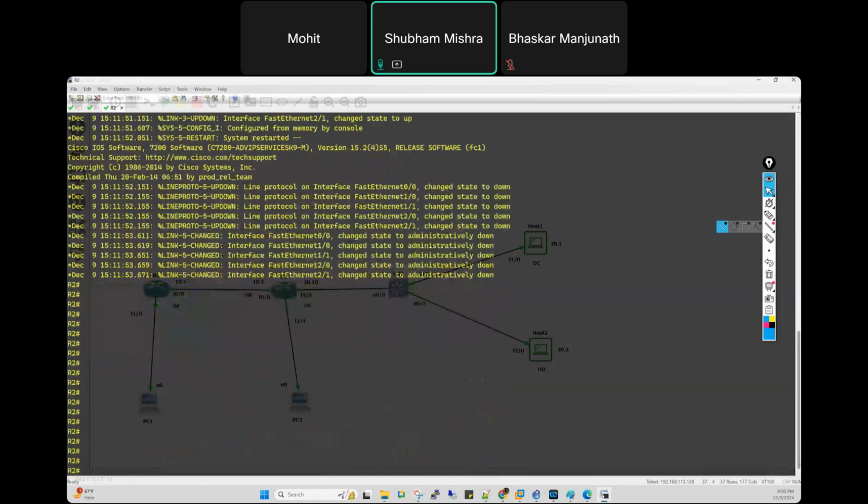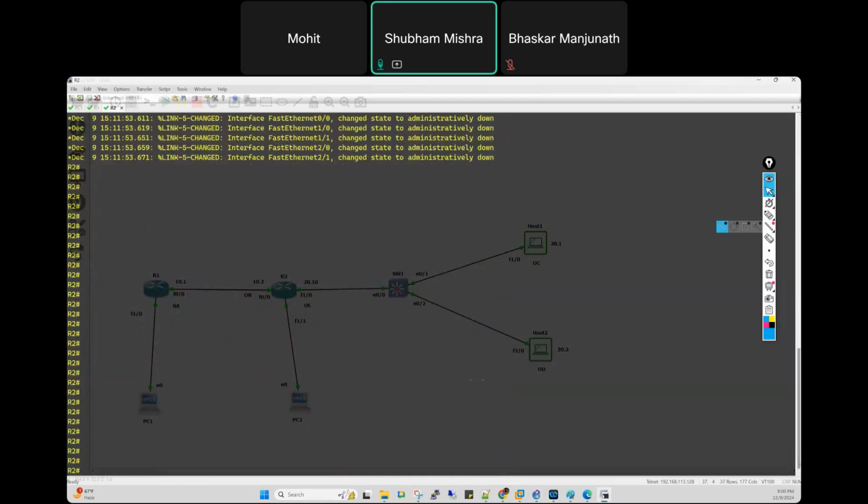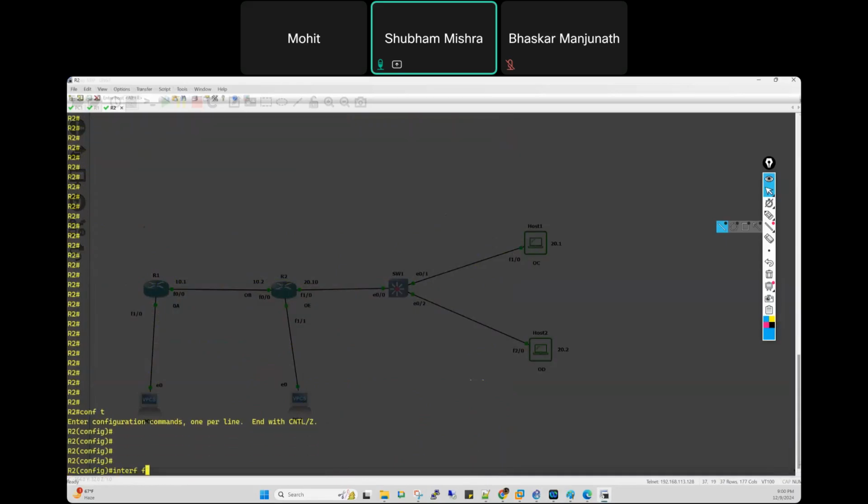On R2, what is the interface, guys? 0/0. Okay. Interface FastEthernet 0/0, IP address 20.0.0.2, 255.0.0.0 and no shutdown.